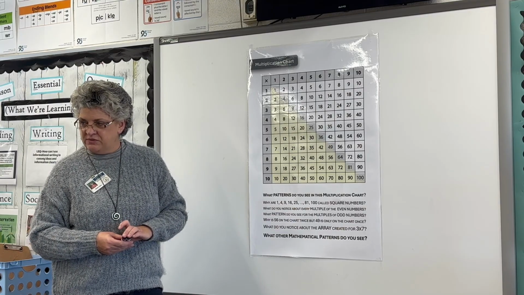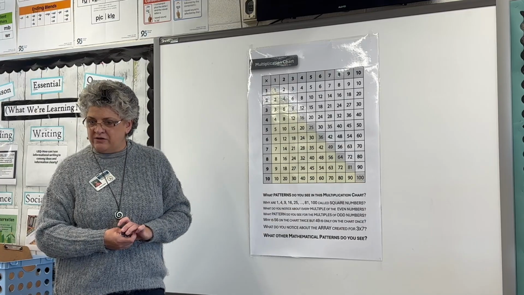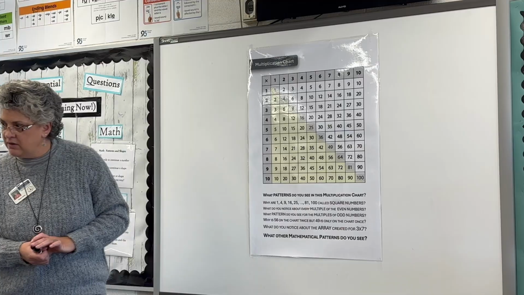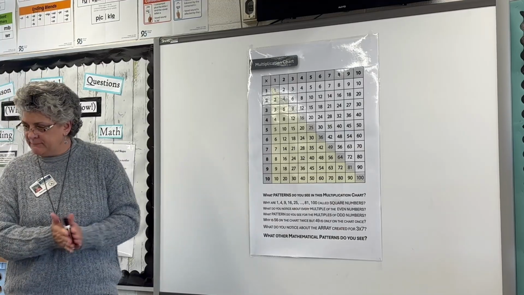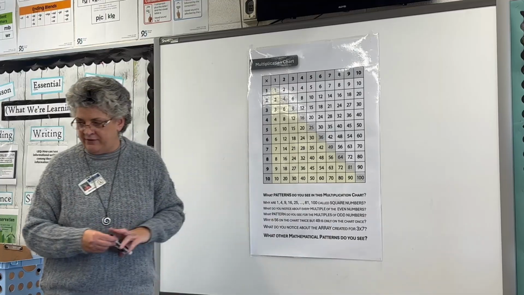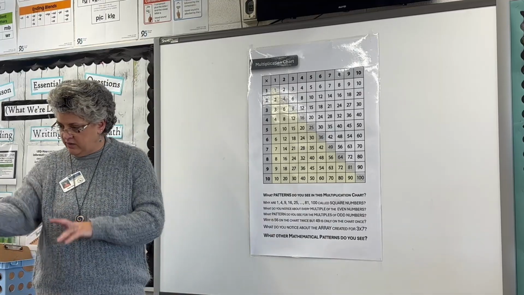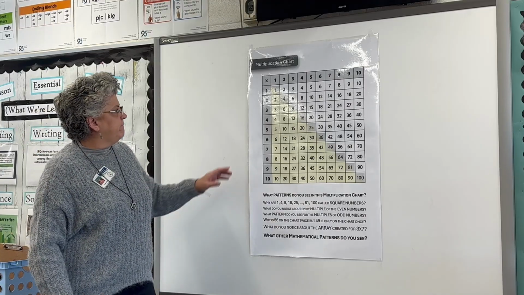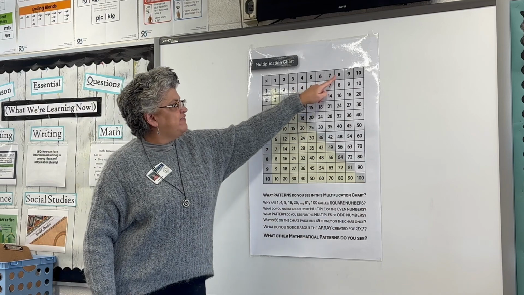Here's what I want you to do. Talk with people around you to see if you can figure out another odd even pattern. What's another odd pattern or even pattern? All right, what do you got? All of the odd numbers go odd, even, odd, even. So you mean 1, 3, 5, 7, 9? Yeah.